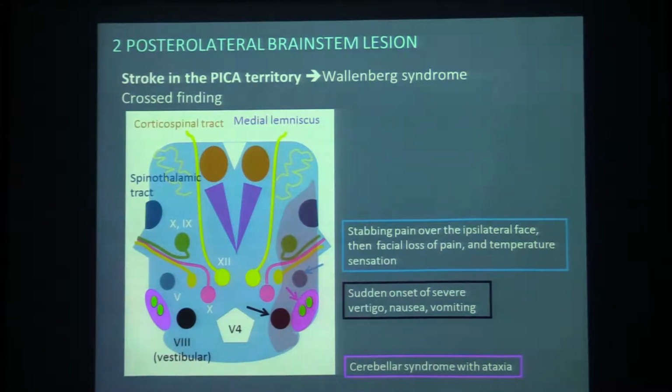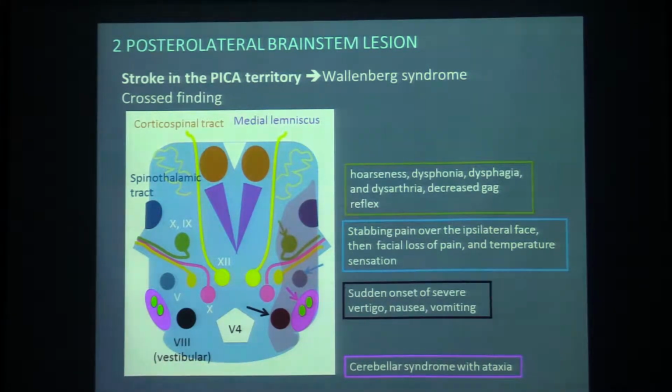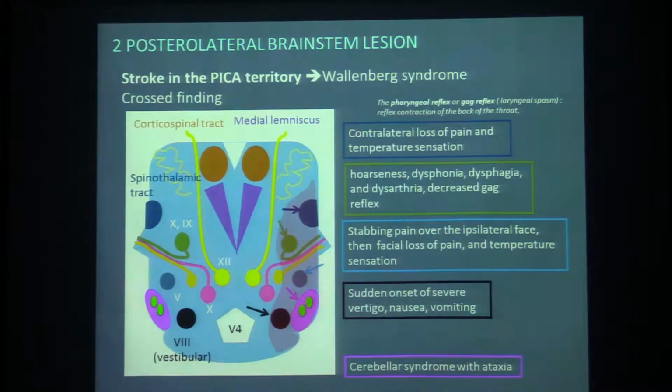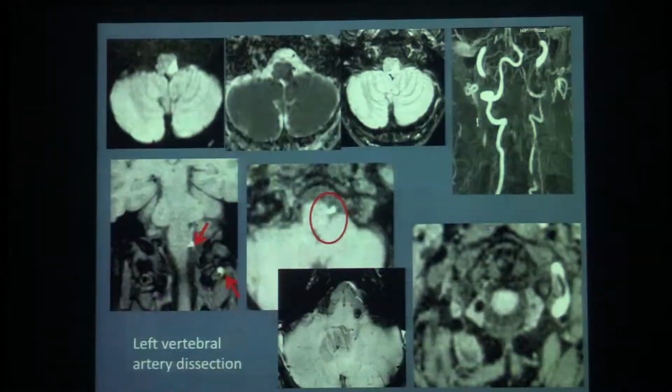There is a cerebellar syndrome because of the lesion of the cerebellar fibers, hoarseness, dysphonia, dysphagia, and dysarthria due to the 10th and 9th nucleus lesion. And there is a contralateral loss of pain and temperature sensation due to the spinothalamic tract lesion, and of course Horner syndrome. And the sympathetic is just at the back of the brainstem.